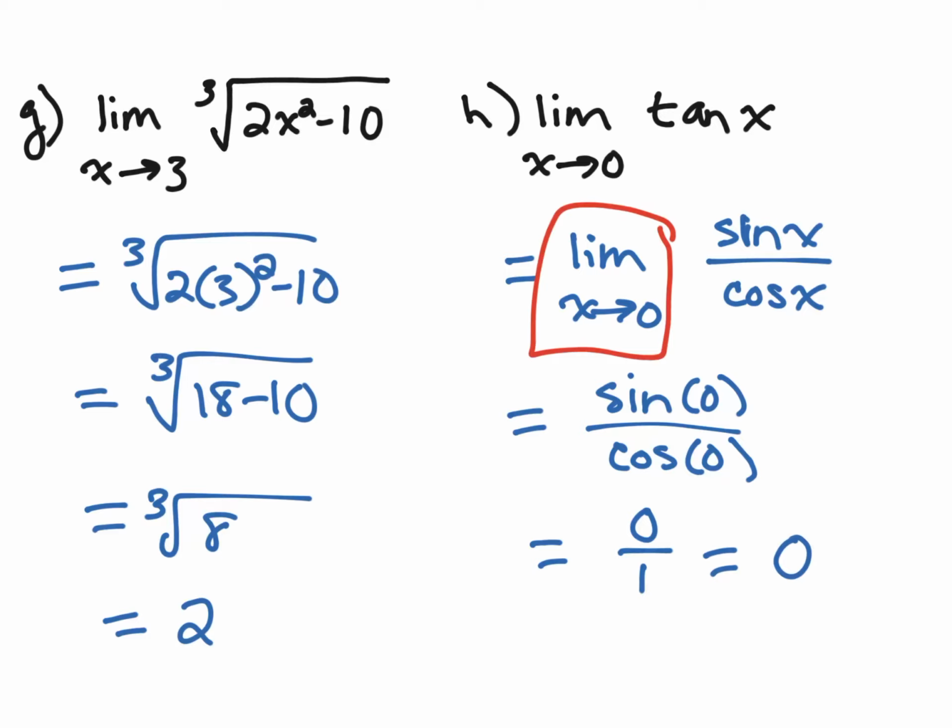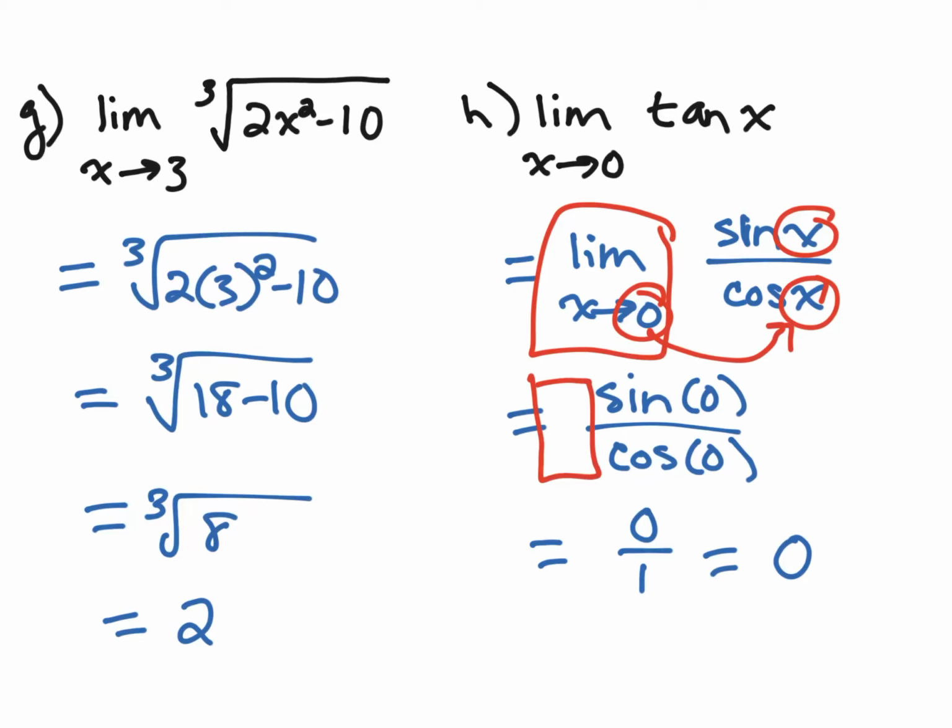And I'm really picky about this because that limit notation, it's a command. And that command is saying, plug this value in for x. Once you've done the command, you lose the notation. So as long as there's an x still in the function, you keep the notation. And as soon as you plug it in, you lose the notation.